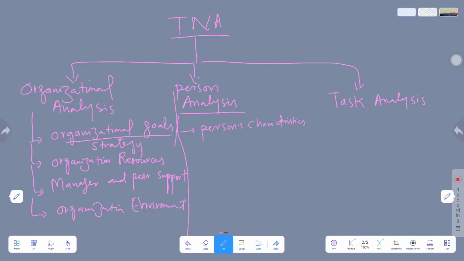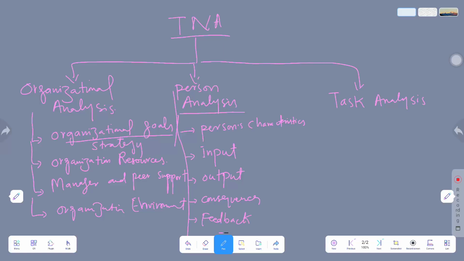We evaluate person characteristics. Then the second thing to evaluate is input, then output, then consequences, and last one is feedback.